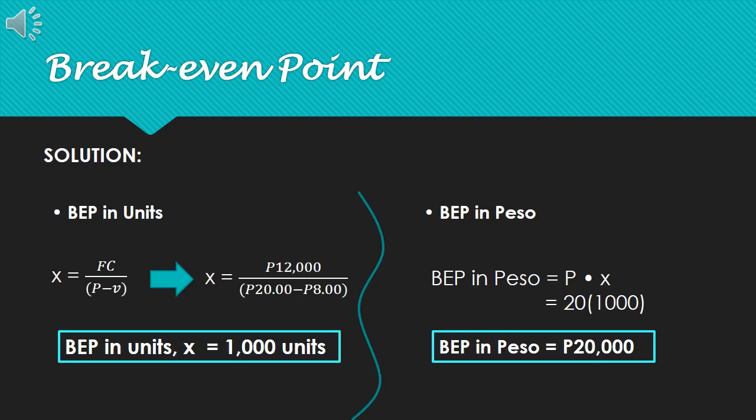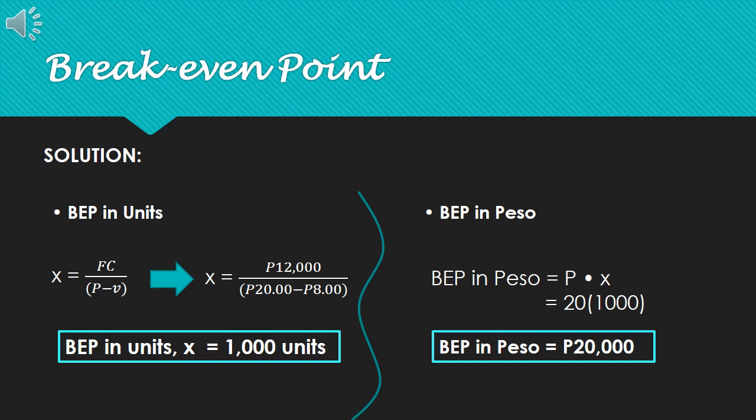For the solution, first in BEP in units, we have X equals FC all over quantity P minus V. Substitution, we get 12,000 pesos all over quantity 20 minus 8 pesos. So the BEP in units is 1,000 units.